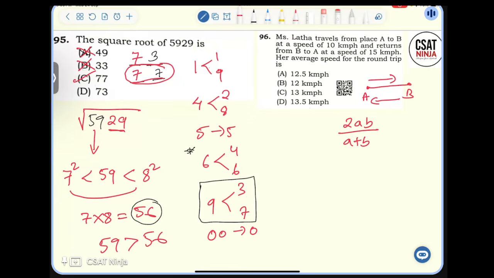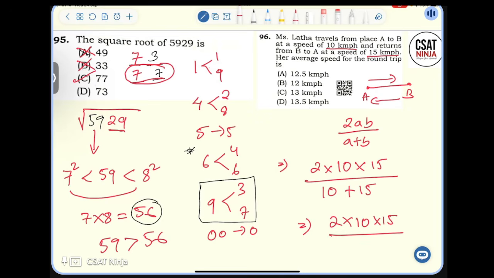So 2 into 10 into 15 divided by 10 plus 15, which is 25. Can we cancel? 5 twos are 10, 5 fives are 25, 5 threes are 15. 2 twos are 4, 4 threes are 12. So 12 kilometers per hour.